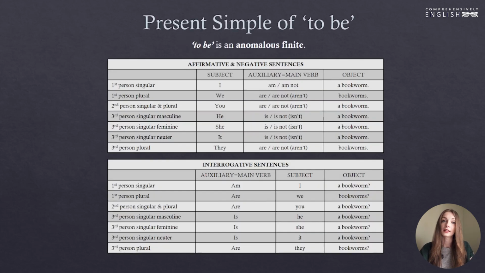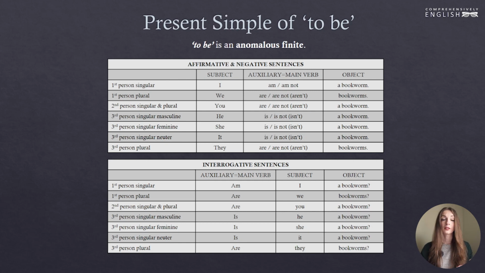Now, the next challenge that we have with the present simple tense is the verb to be, which is irregular in the present. That brings us to three forms of to be: am, is, and are. Let's look at how we change the verb to be. To be is an anomalous finite.